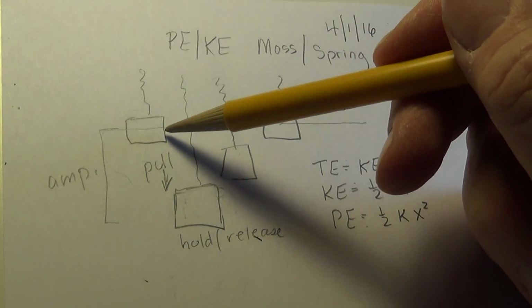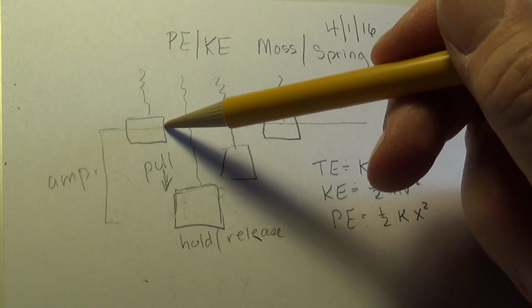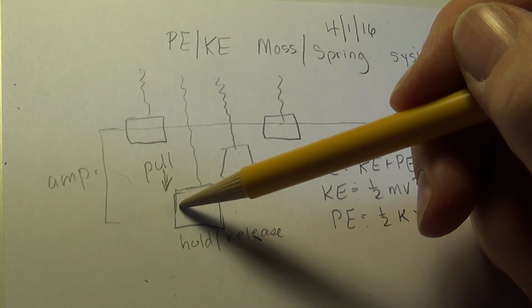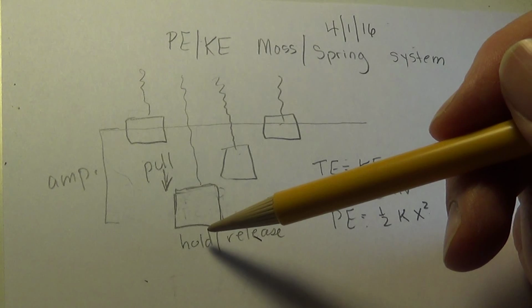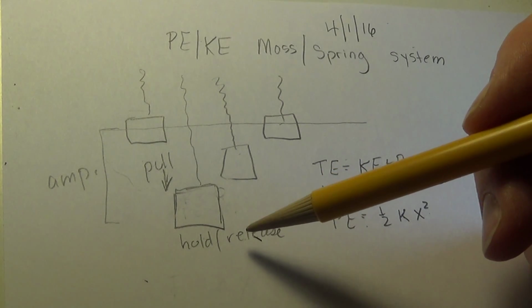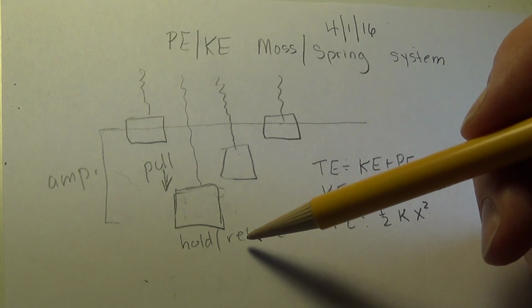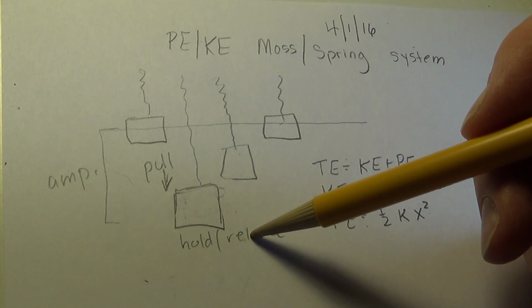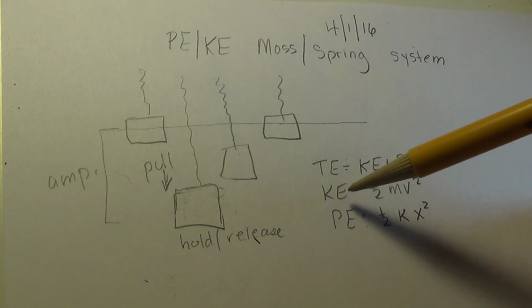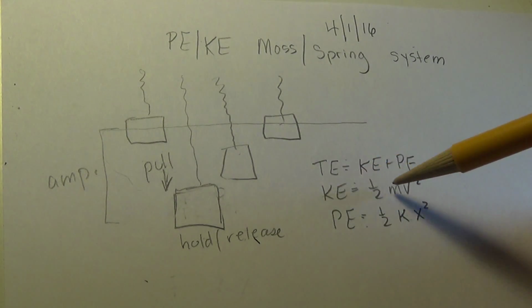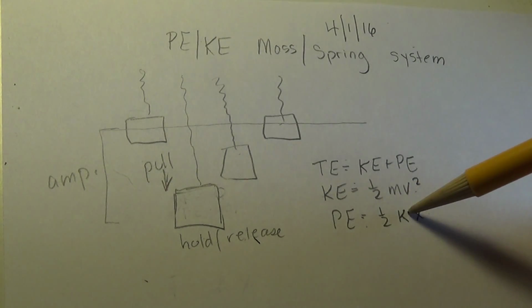When I pulled the mass on the spring downwards, I added energy to the system. I held it and then released it. Right when I released it, there's no velocity for an instant. So that means there's no kinetic energy, because kinetic energy is motion, all potential.